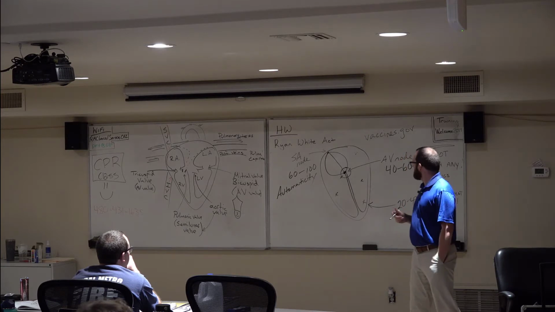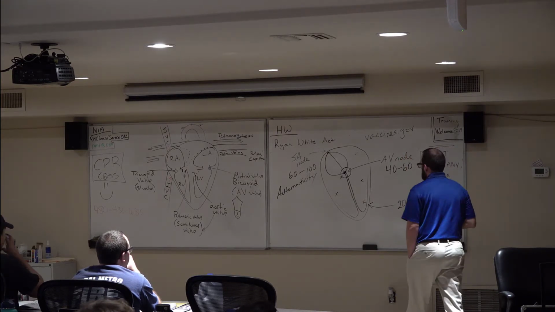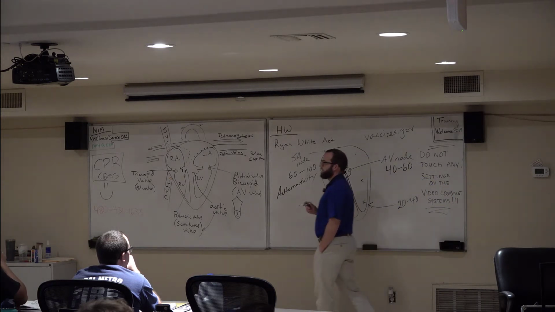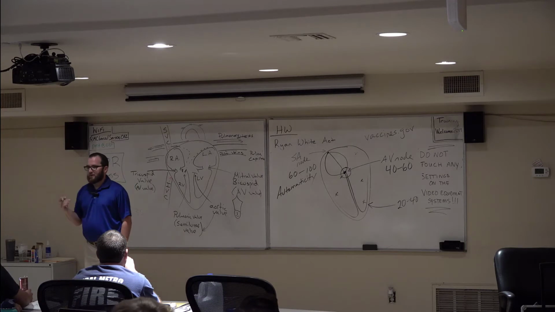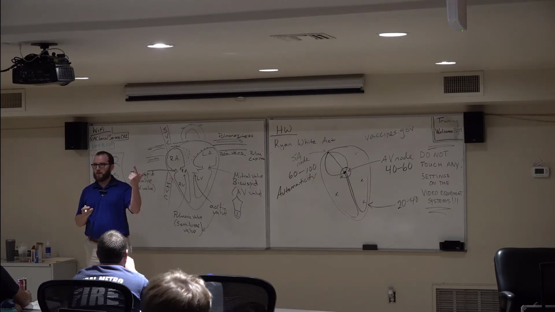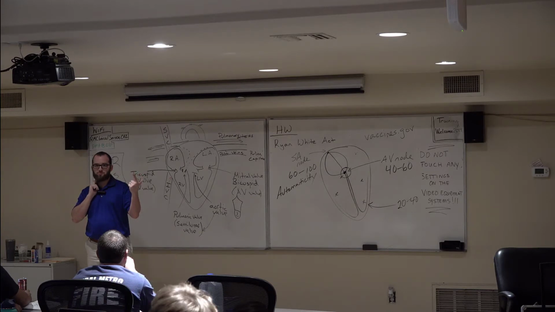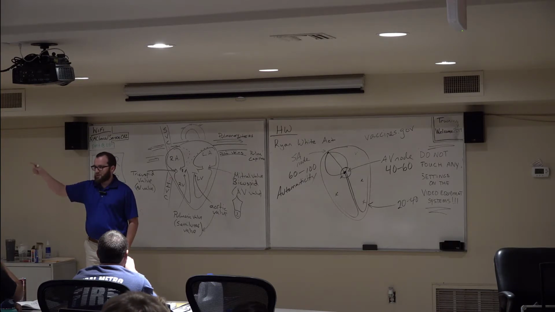Yep. So when you hear pulseless electrical activity, is that the 20 to 40? No, so in terms of rhythm identification, PEA, pulseless electrical activity, is any rhythm on the monitor other than VFib or VTAC that doesn't have a pulse. So you could hook them up onto the monitor and it looks like a completely normal, great looking sinus rhythm, and you palpate the pulse and there's no pulse, they're dead. But on the monitor, everything looks great.